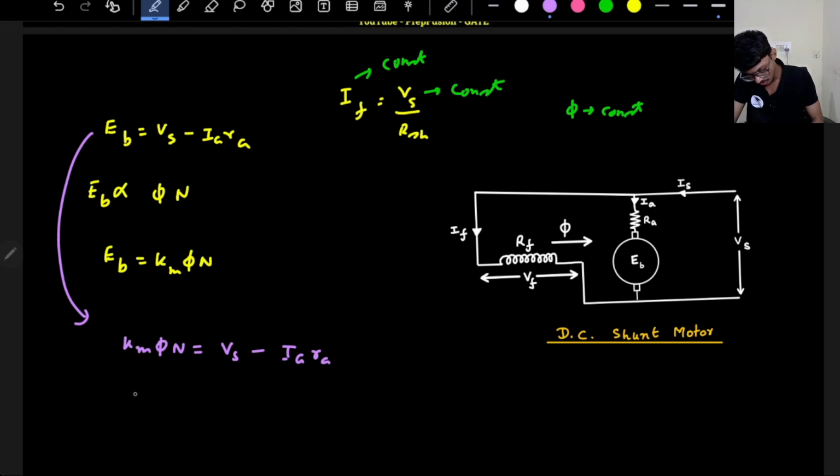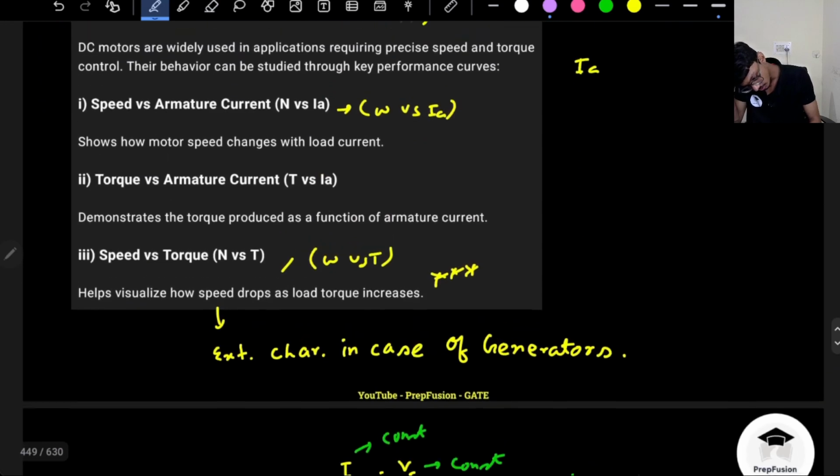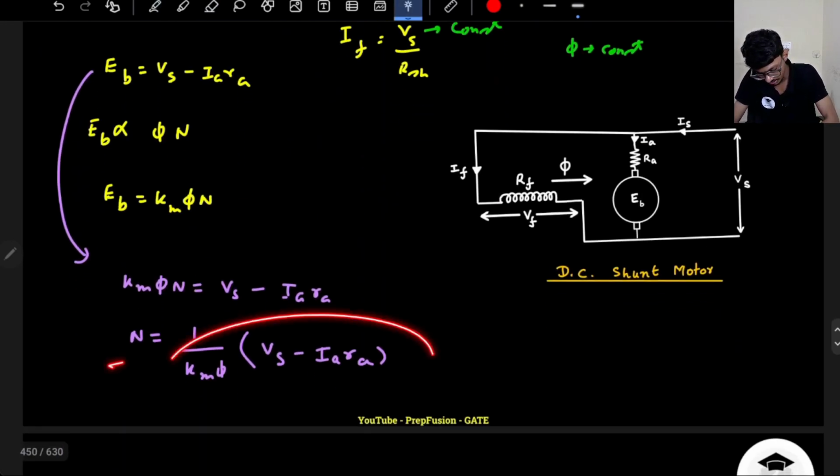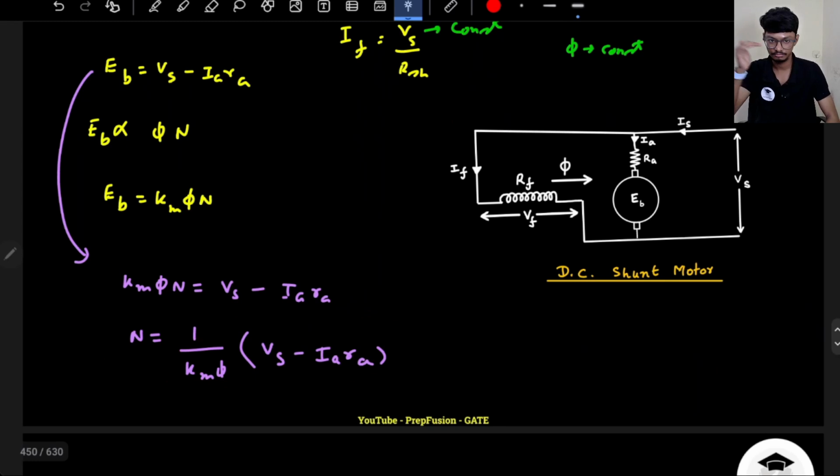So from here, speed will be equal to 1 by Km phi, which is just a constant number, into Vs minus Ia into Ra. So the first equation is already done. My speed is just a straight line with negative slope. So the speed-current characteristic will be a straight line with a negative slope.